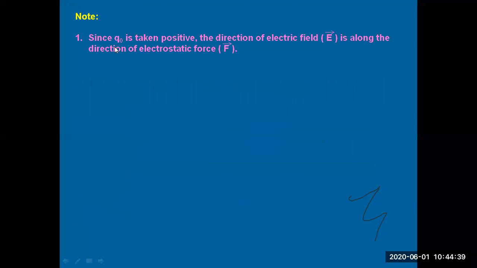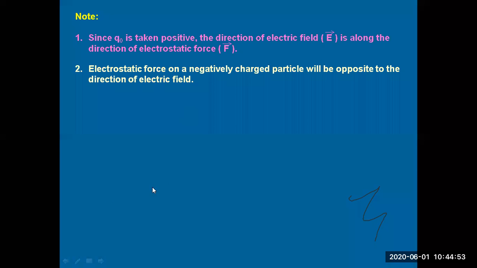You have a note here. Since Q naught is taken positive, the direction of electric field is along the direction of electrostatic force F. This is what you saw in your first diagram. The second one is that the electrostatic force on a negatively charged particle will be opposite. Your second one is the correct thing which you have done.